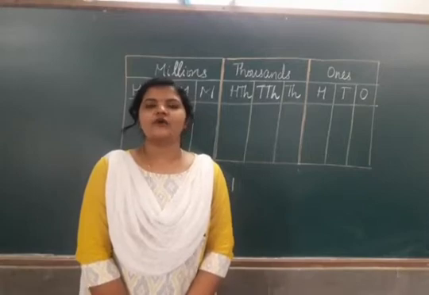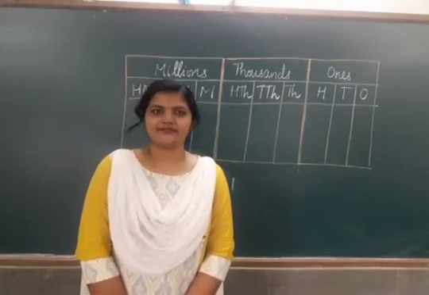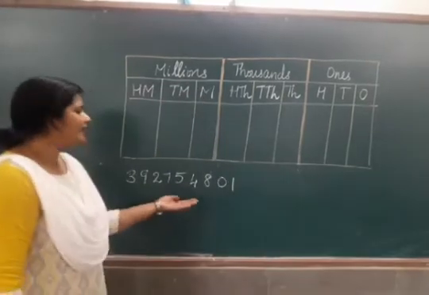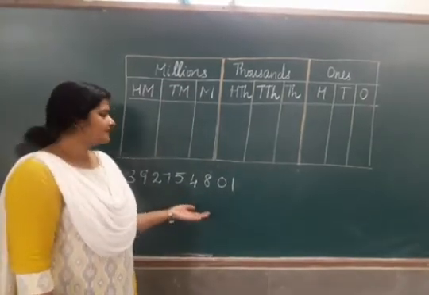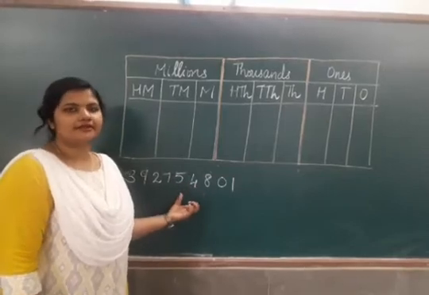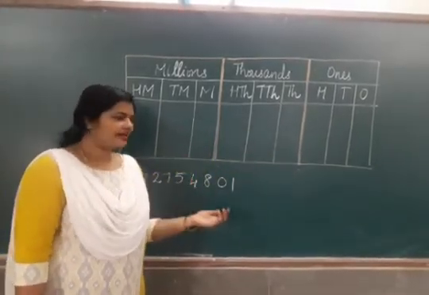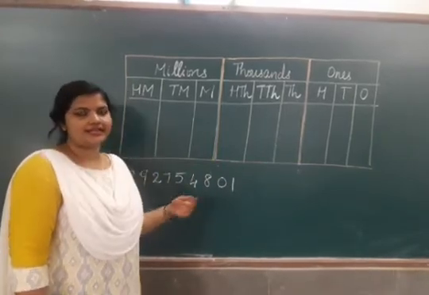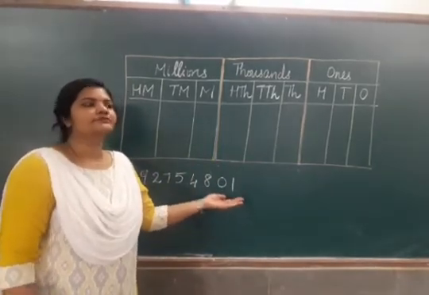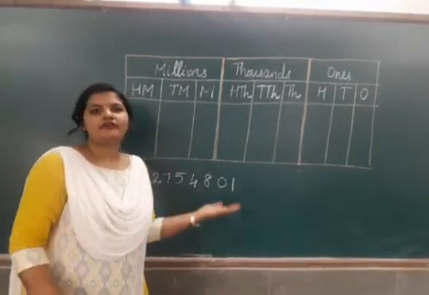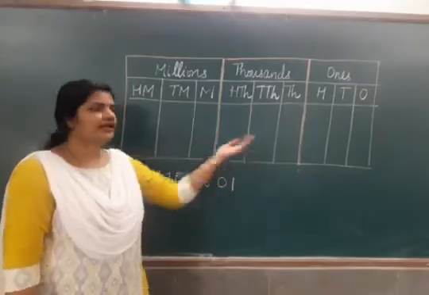Now let's see how we can read and write a large number using the International Place Value Chart. Here I have taken a number. Let's see how we can write this number on the place value chart. Always remember that you have to start from the right hand side, or from the ones place. In both the international as well as the Indian system, you start from the ones place when you write on the chart.